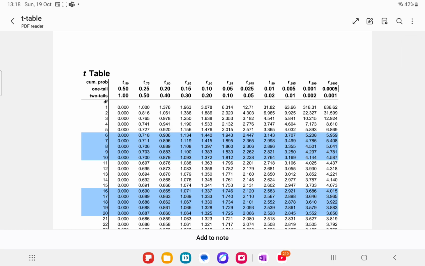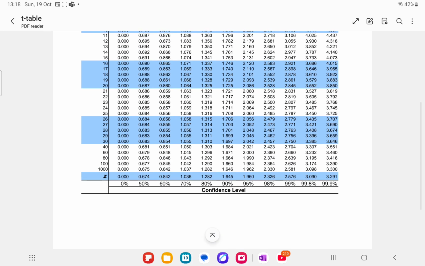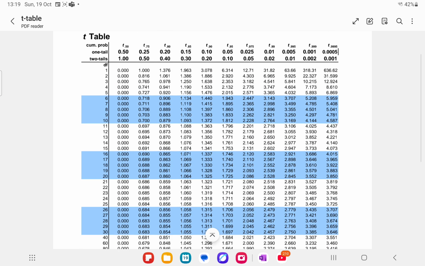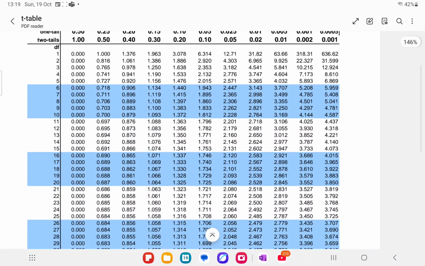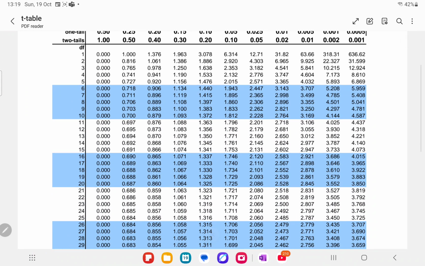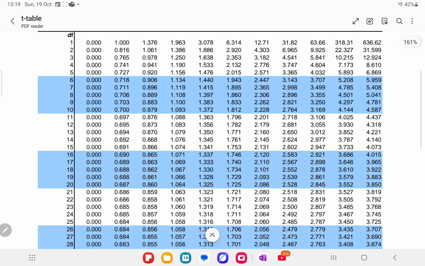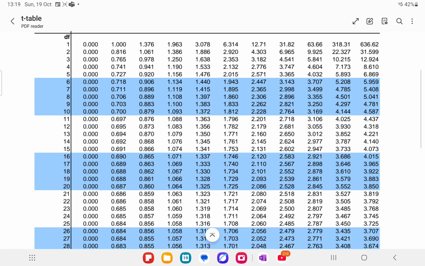Let's consider alpha is 1%. Whenever alpha is 1%, select this column, 2.9. And with 15 degrees, because n is 16, so n minus 1, 15, is the degrees of freedom. So this one corresponding to 15 should be 2.9.